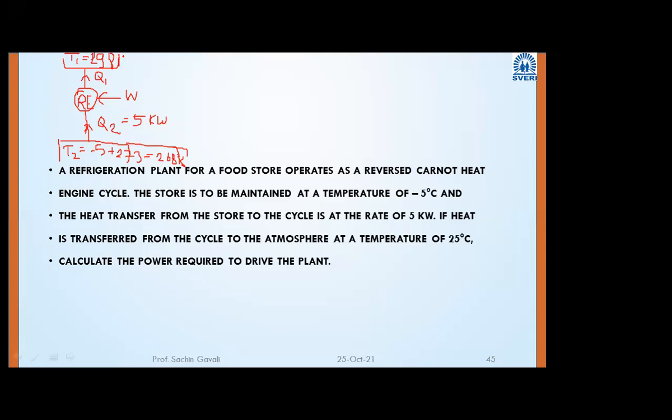The higher temperature is always the source. Then we calculate the power required to drive the cycle. So W is what they asked to calculate. Now, as this is a Carnot refrigerator, what is the COP of a Carnot refrigerator? COP is equal to what? It's a Carnot refrigerator.